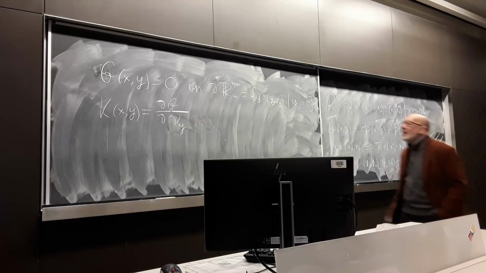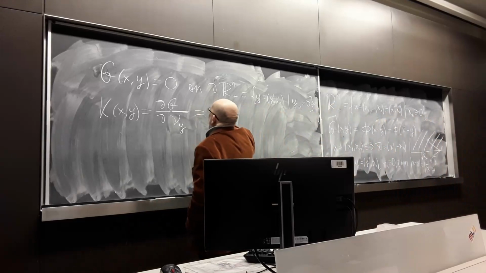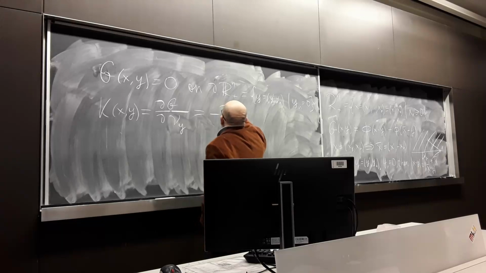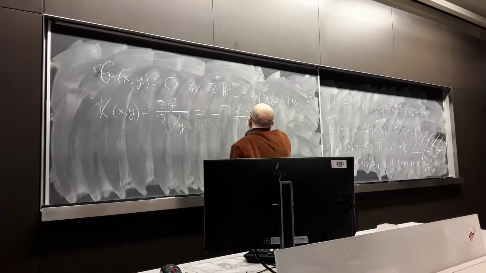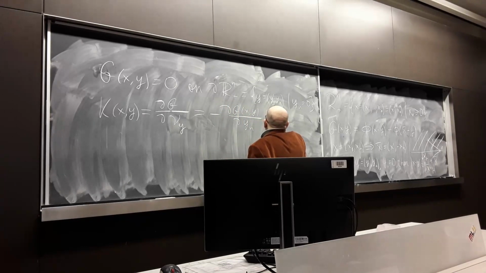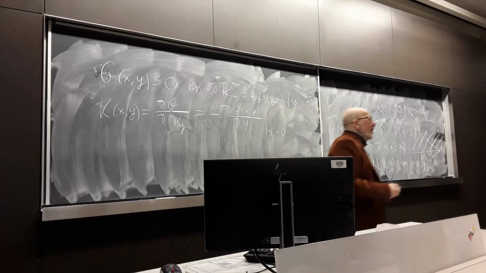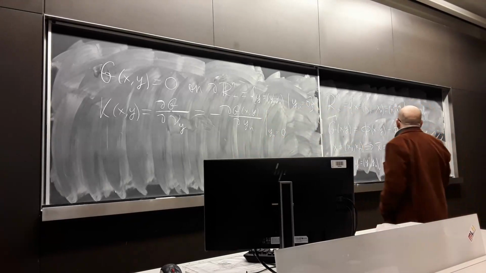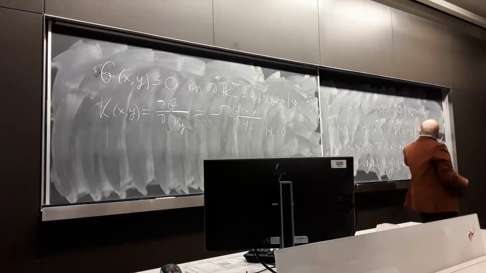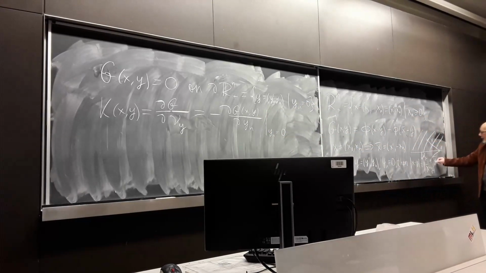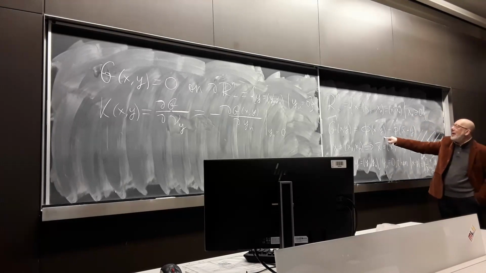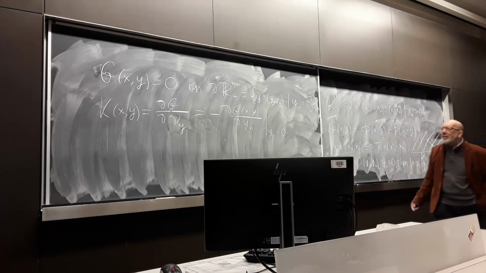So it is minus dG of x y over d y n at y n equals 0. At this point, you can see that the derivatives of these two parts are equal.